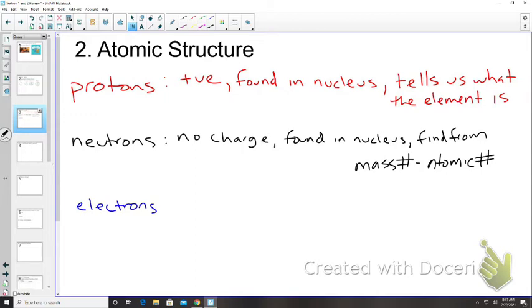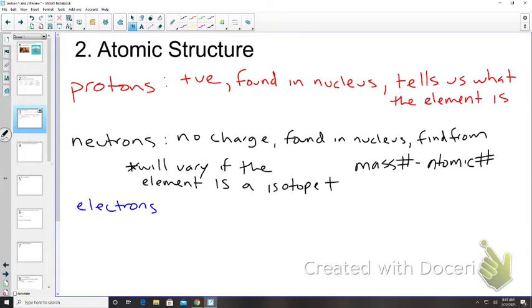These will vary if the element is what? An isotope. Excellent. Perfect. And we'll talk about isotopes in a bit.